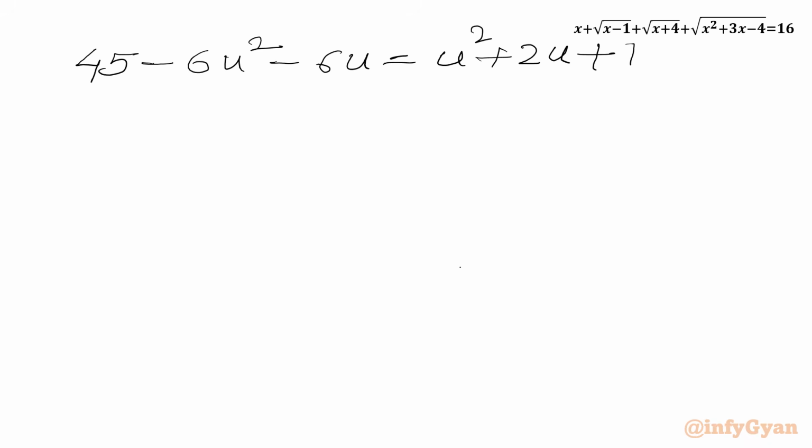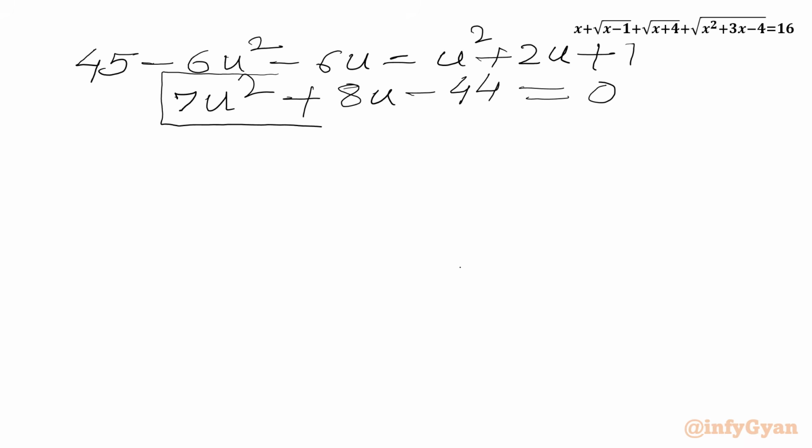Now we will take all the terms to the right hand side and we are going to get 7u square plus 8u minus 44 equal to 0. Now we have one quadratic equation which we will solve using the method of factorization.